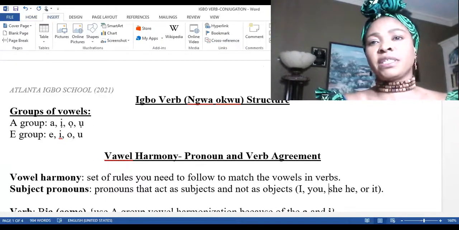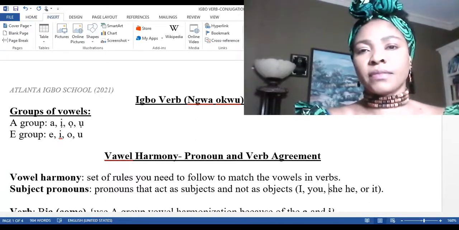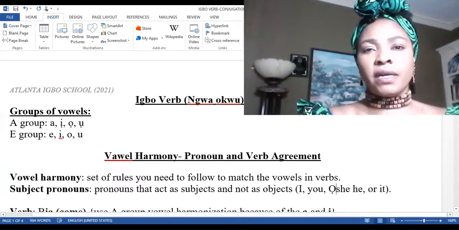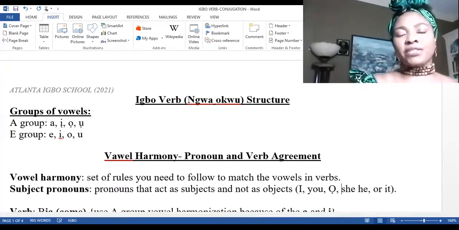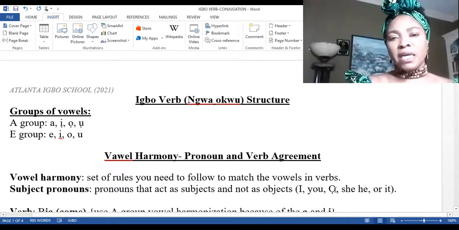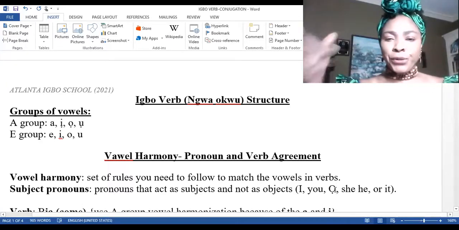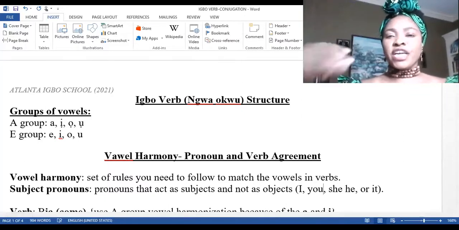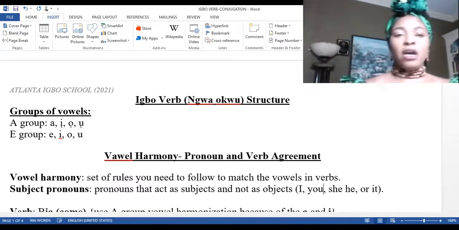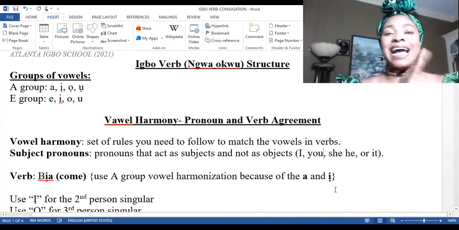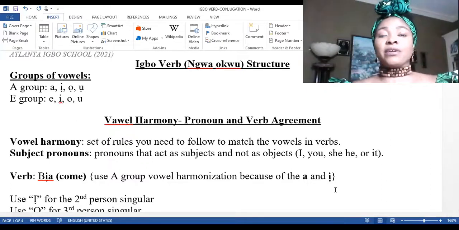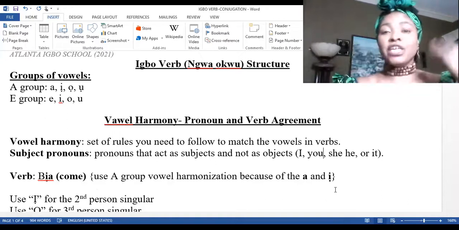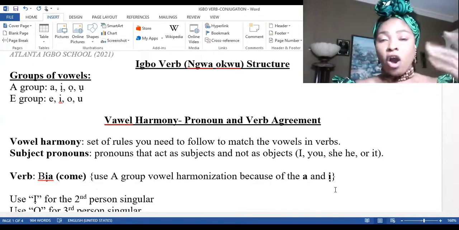So let me put it here in the group, the O. So when you're trying to say I, you, she, he, or it, the pronouns that act as subjects, and not just objects, are the I, you, she, he, or it.